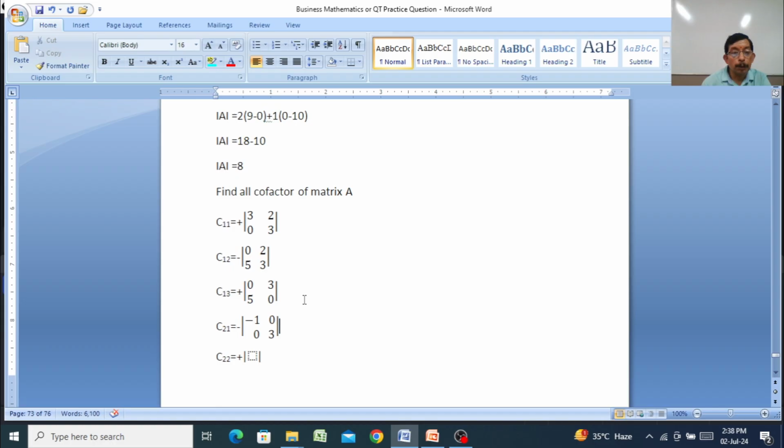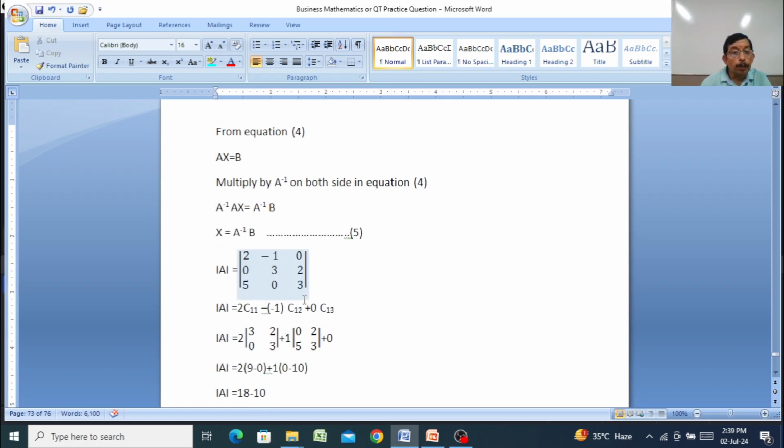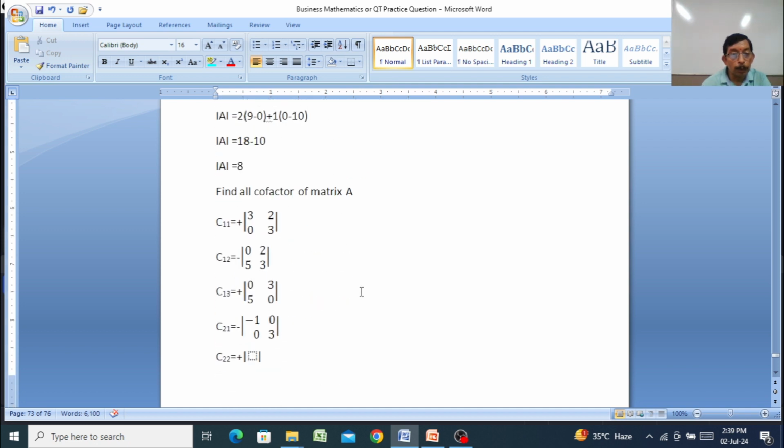C21 means second row, first column: minus 1, 0, 0, 3.